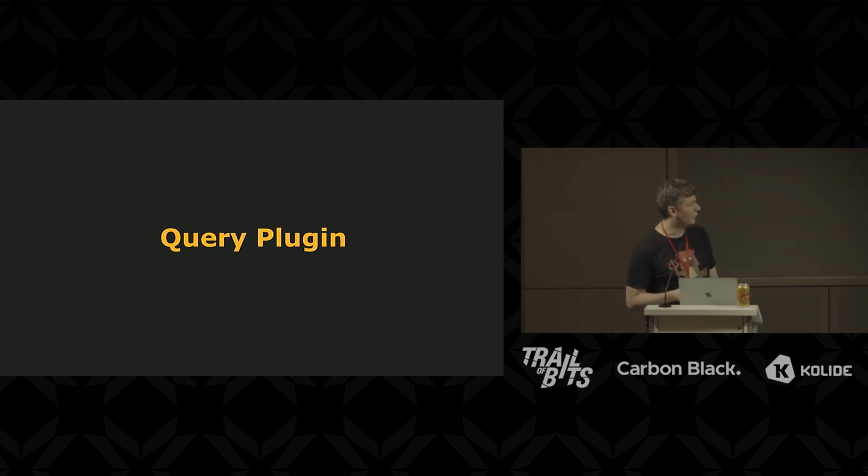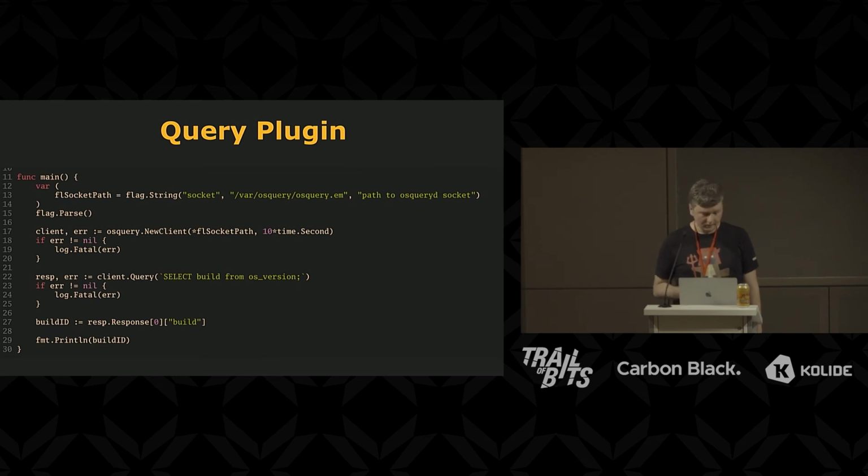But one thing that I would like to see more is people using the Thrift API to do this, because whenever you shell out to osquery, you're incurring a cost that you don't have to incur with the Thrift interface.